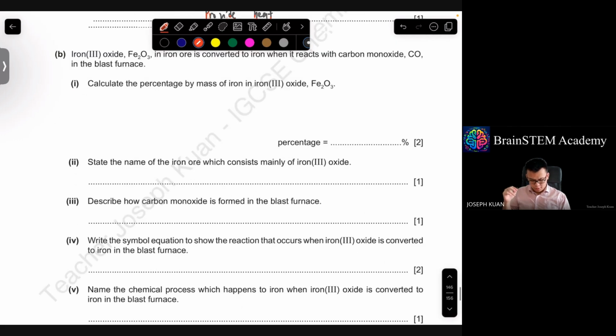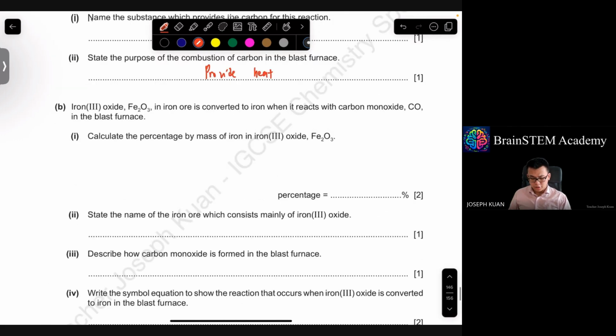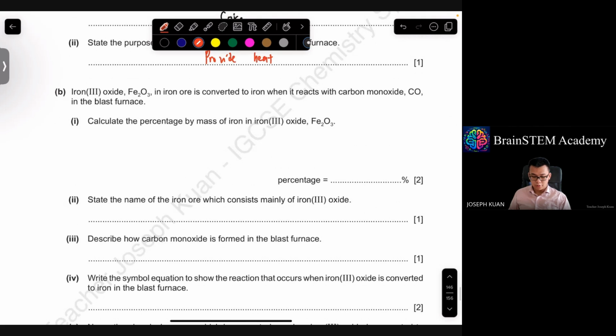Let's move on. Iron trioxide in the iron ore is converted to iron when it reacts with carbon monoxide in a blast furnace. Calculate the percentage by mass of iron in iron trioxide, Fe2O3. So percentage by mass of iron is the mass of iron divided by the mass of iron trioxide, times 100%.